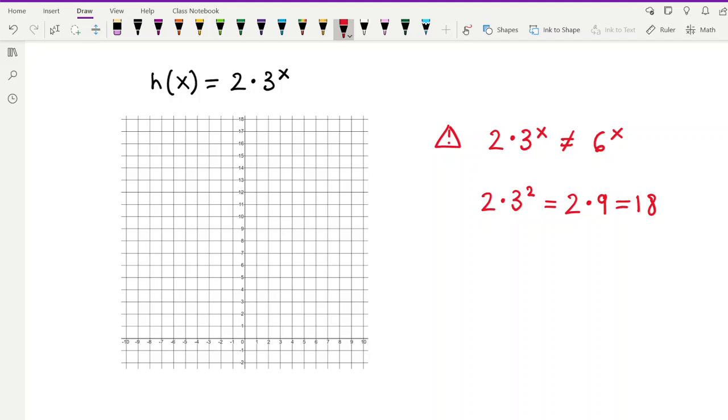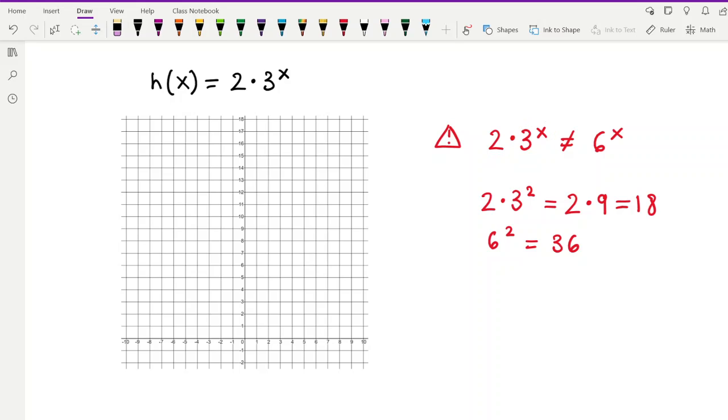So that is the true value of 2 times 3 squared. If we tried to do it instead as 6 squared, we would get 36, which is a completely different answer than what it should be. So it basically comes down to order of operations. Order of operations says exponent comes first, then you multiply by 2. And so that's why you can't multiply that 2 in first.